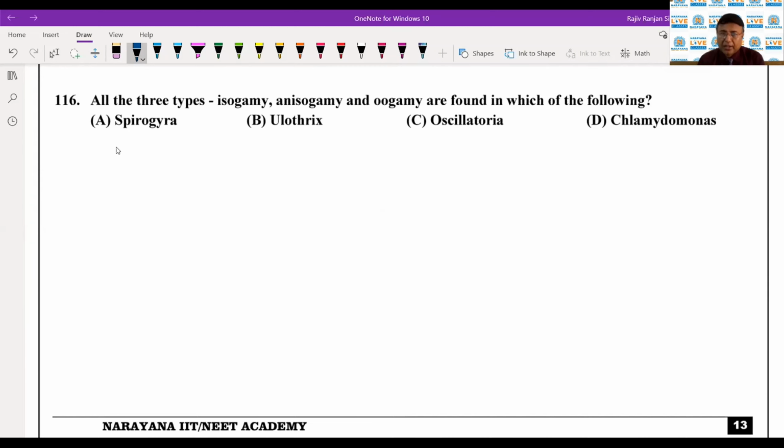In oogamy, the two gametes are completely different from each other. One gamete, referred to as the male gamete, is very small. It is highly active. It contains a negligible amount of food, and it is formed in enormous, huge numbers.